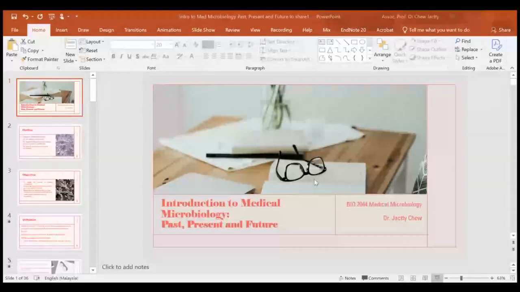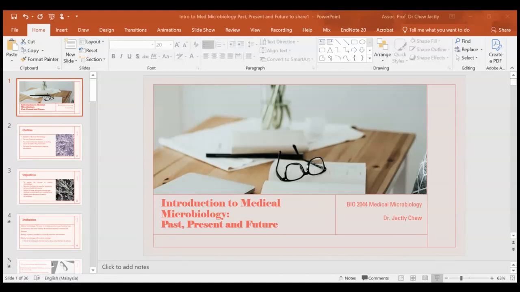A very quick lecture on this. The outline for the lecture today: we'll be looking at the definition of medical microbiology. Then we'll look at what happened in the past in terms of medical microbiology, and what is happening at present, what are infectious diseases as a leading cause of death in the present time. I'm sure you're already familiar with this.